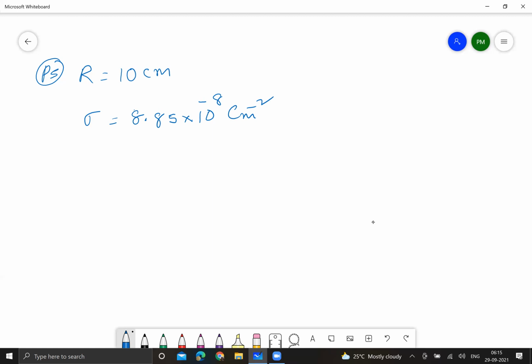Find the electric potential at number 1, the center.